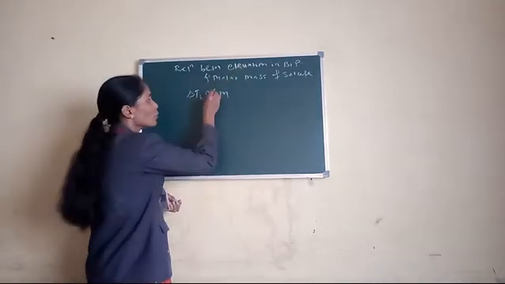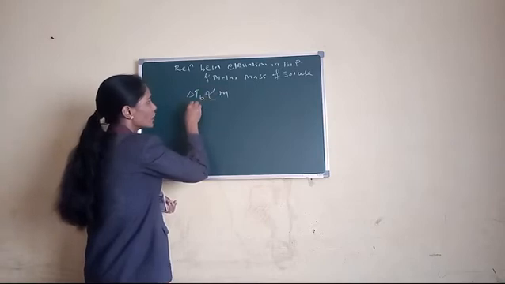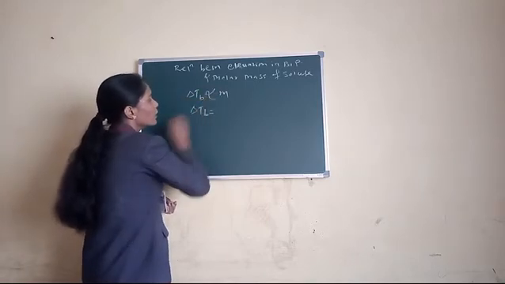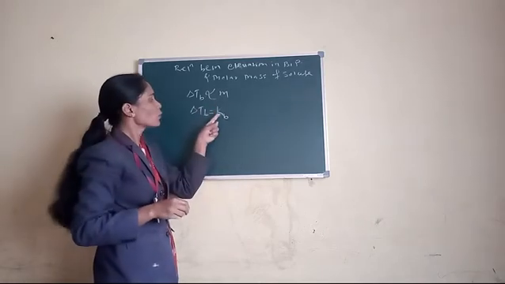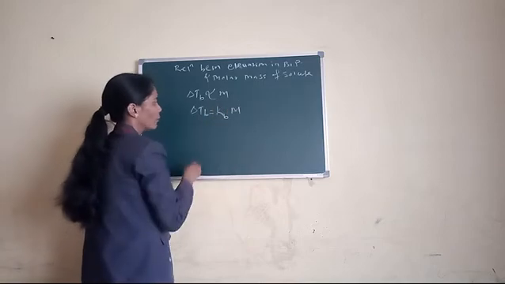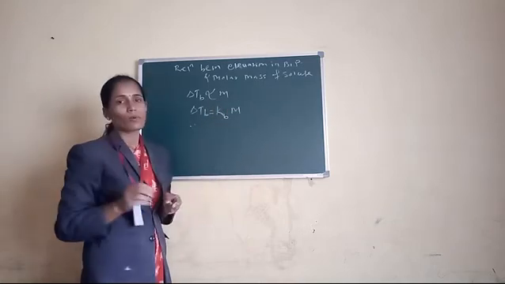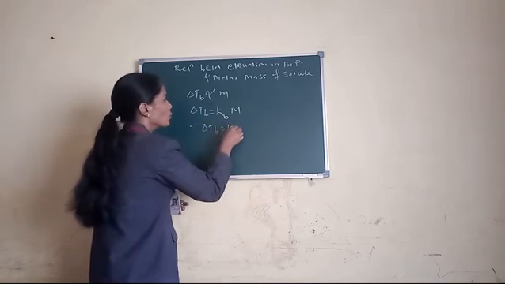By removing the proportionality sign we add a constant: delta TB is equal to KB, the proportionality constant for boiling point, into m, where m is the molality. Delta TB is equal to KB.